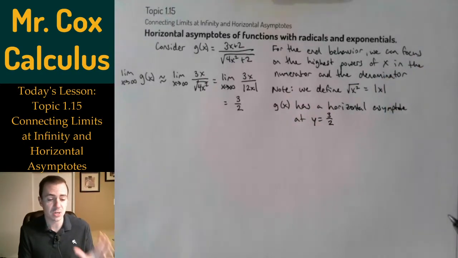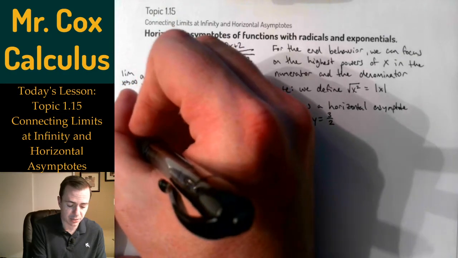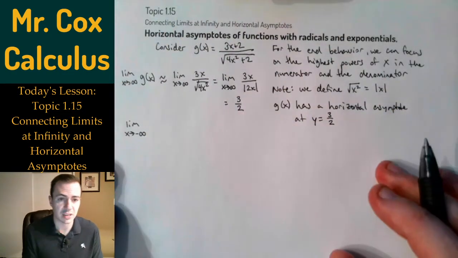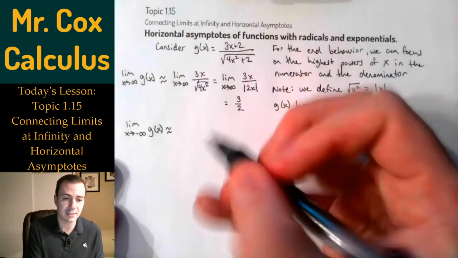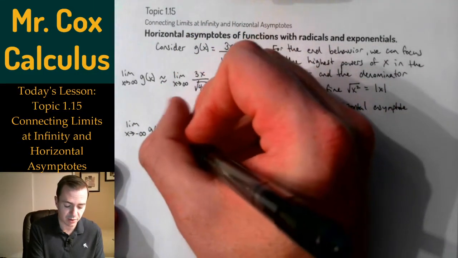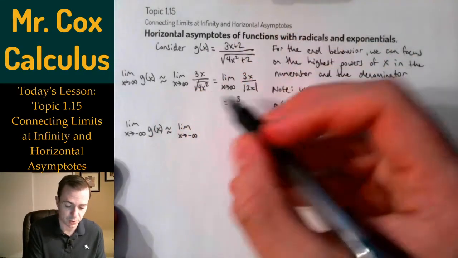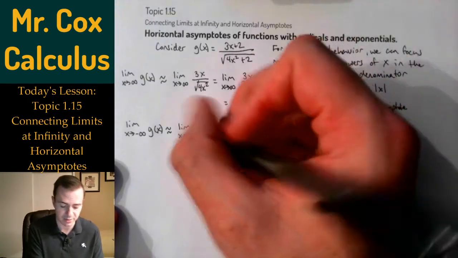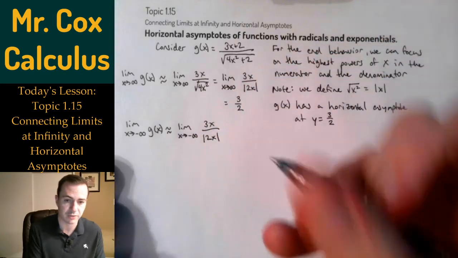Now then, in this particular case, we also need to consider what happens as x approaches negative infinity of this particular function g of x. Well, I get the same idea. I'm approaching negative infinity of 3x over the square root of 4x squared. I can actually go right to this piece right here, 3x over the absolute value of 2x.